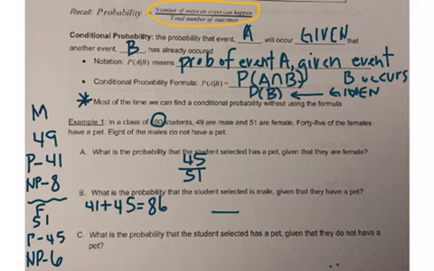That's our total number of outcomes. Of those 86, 41 are male. So our probability is 41 out of 86.